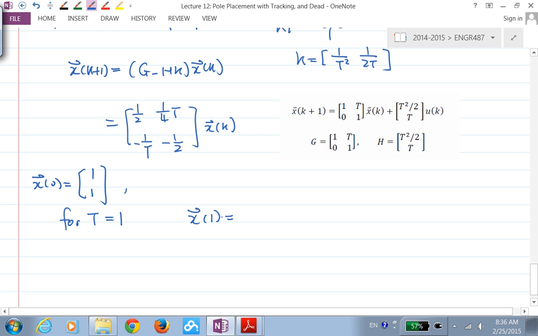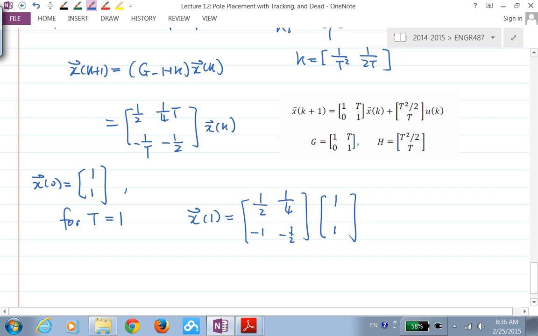So you started from the first step. When k equal to 1, what will be the response? Basically, when k equal to 1 here, this is x of 0. So basically 1 over 2, t equal to 1. So 1 over 4, negative 1, negative 2, then you times 1, 1, the initial condition.